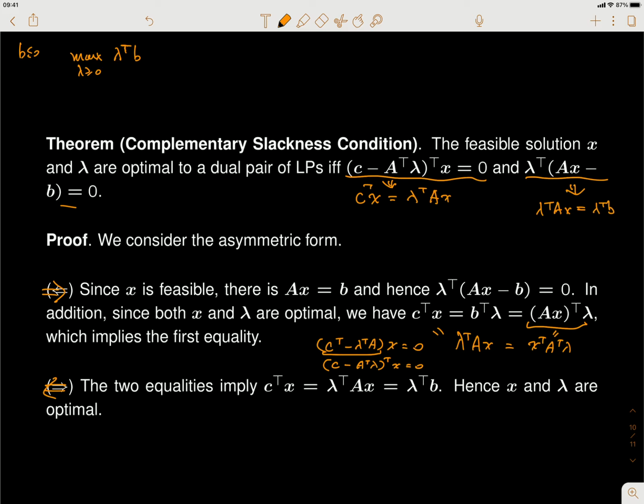Now we have shown that they are both equal to this, so these two are equal, and that's why c transpose x equals lambda transpose b. Since x and lambda are both feasible, and their objective functions are the same, that means both of them are optimal. So this shows that given the two conditions here, x and lambda are both optimal solutions. Okay, this finishes the proof.